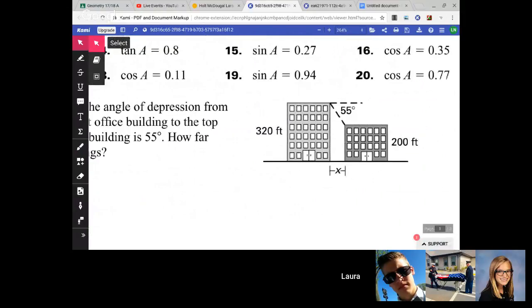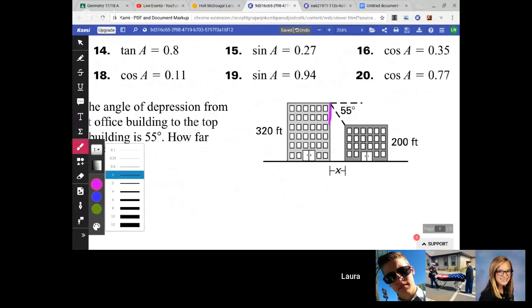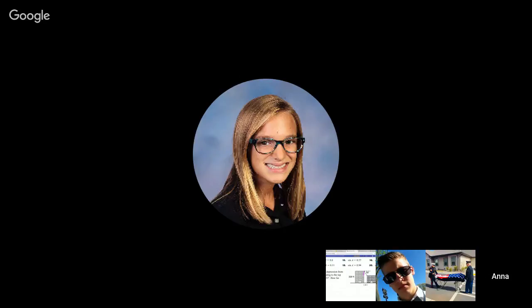All right, so here's our X down here at the bottom. If we know the tall building's 320 and the short building's 200, we can find the difference in the buildings, which would be right there. How much would that be? Is that like the outside angle thing?